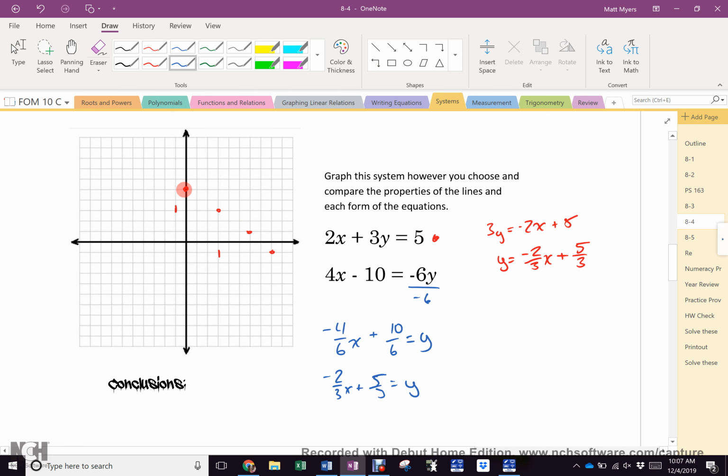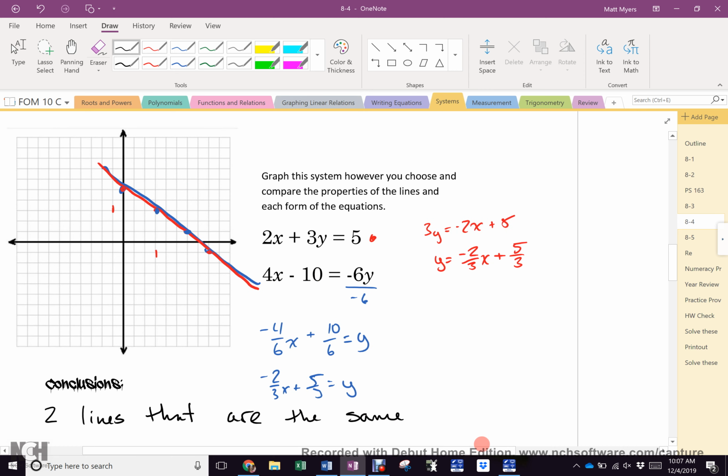Now let's do the blue. Hey, what do you notice? How many times do those 2 lines touch? Infinity. So how many solutions are there to this system? Infinite. Because every xy on both lines will work for both lines. 2 lines that are the same.